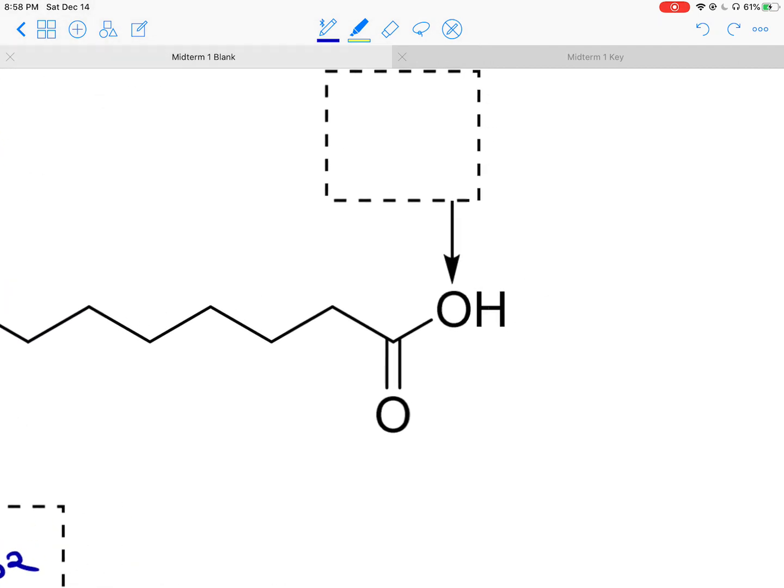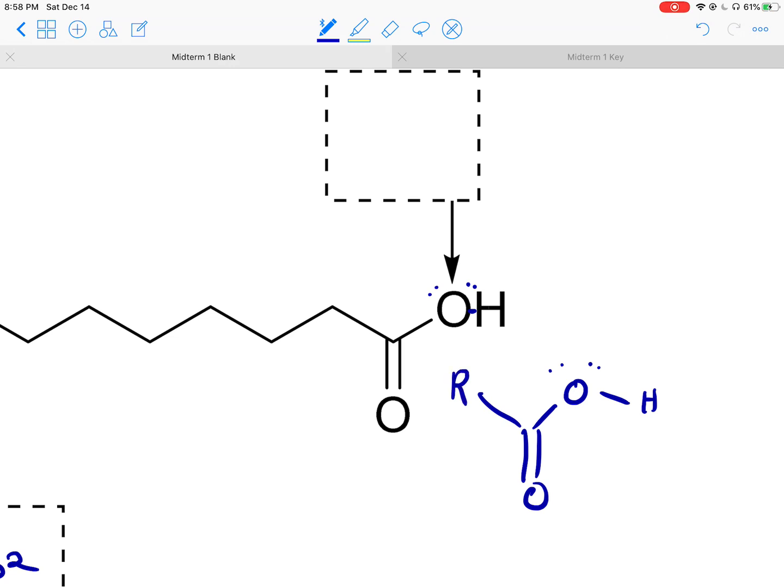And then lastly, this oxygen in the carboxylic acid group. Again, it's making a bond to that hydrogen. I guess I can draw that out. Hydrogen, lone pair, carbon, double bond to oxygen, and then the rest of this group.